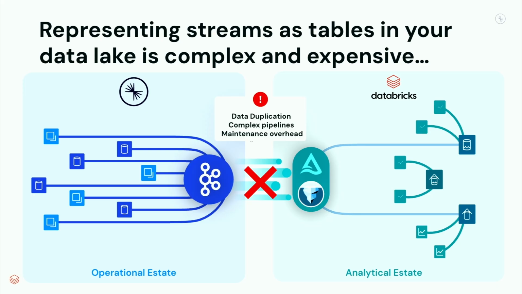You basically have a data pipeline written to consume data from your streaming source, which is Kafka in this case, and then take care of all the data transformation. That also includes maintenance of the tables that you are creating in your analytical space.